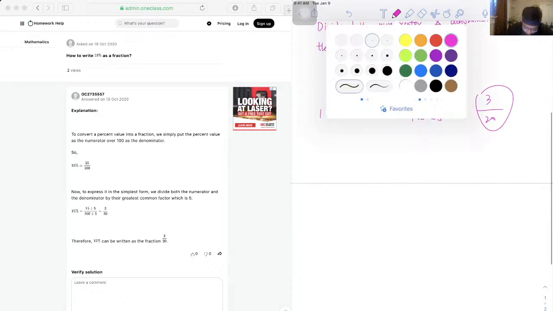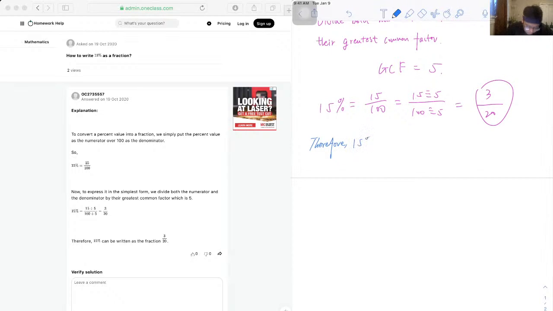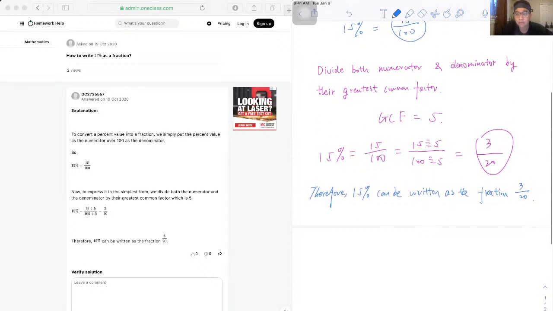So now let's just write the conclusion. Therefore, 15% can be written as the fraction 3 over 20. So I think that's all we got for this question.